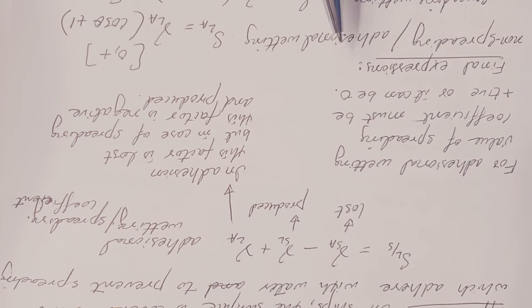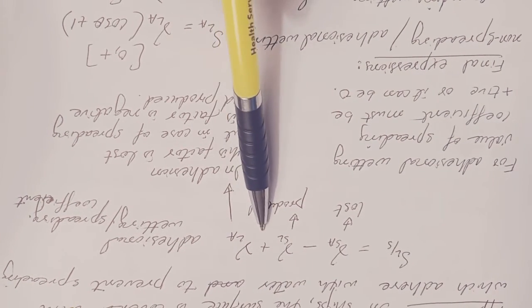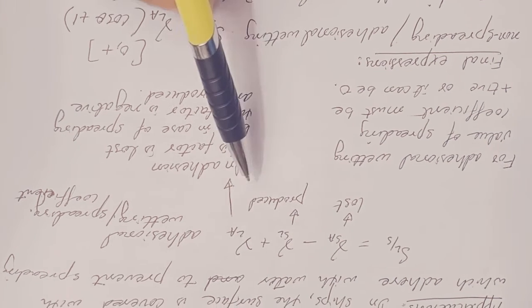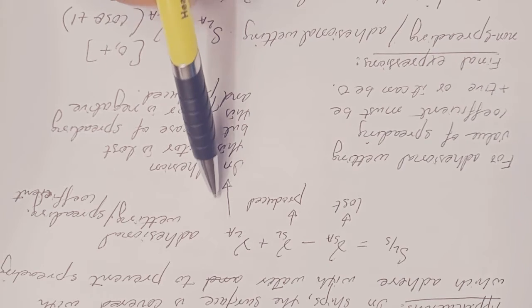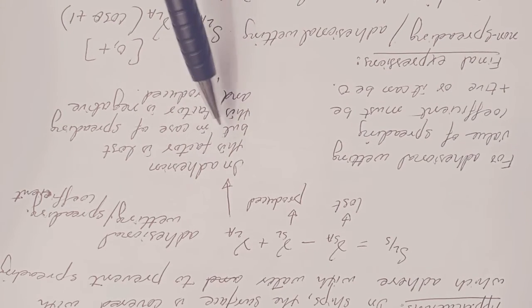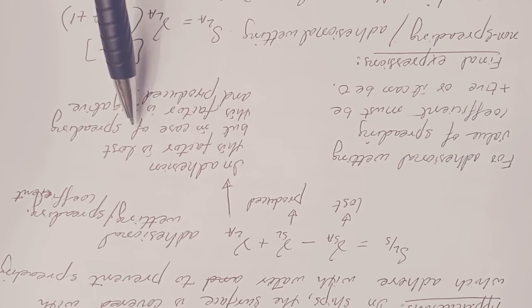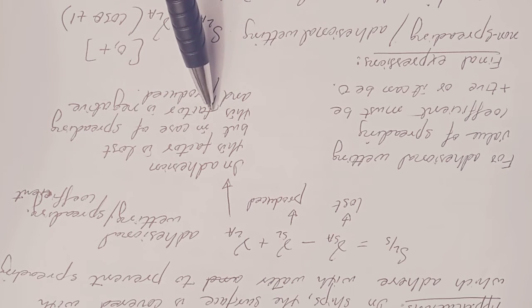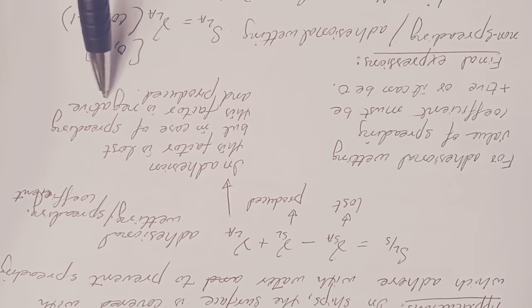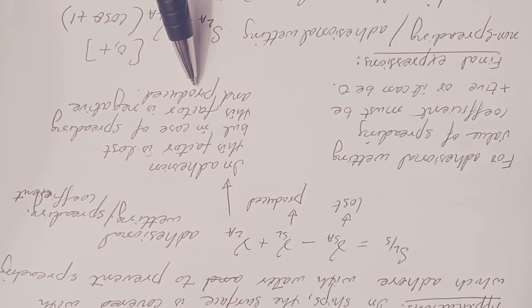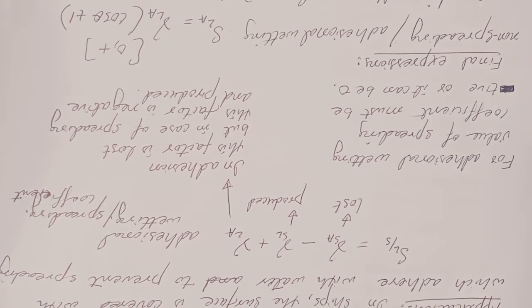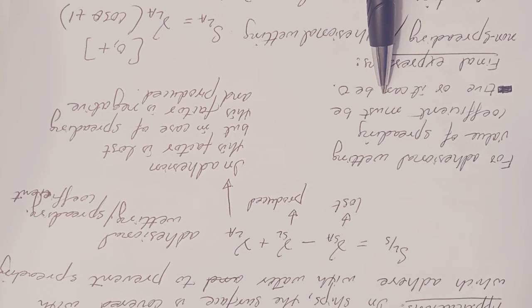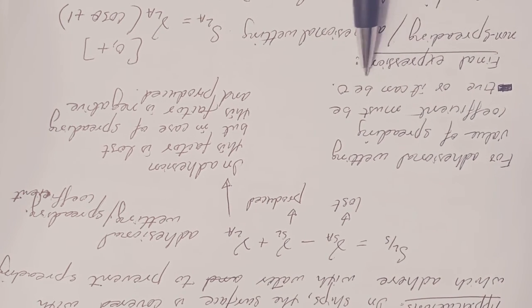but for the case of adhesional wetting, the value of liquid surface tension, this factor is lost in case of adhesional wetting, whereas for the case of spreading, this factor is negative and produced. So for the adhesional wetting, the value of the spreading coefficient must be negative or it can be 0.